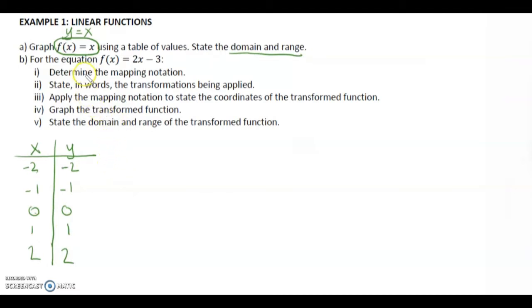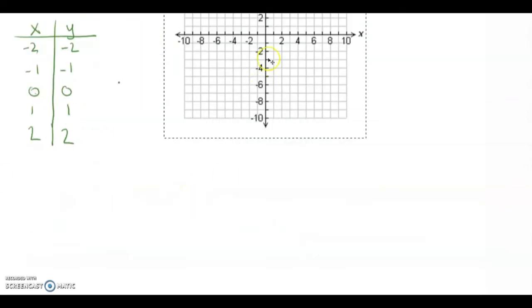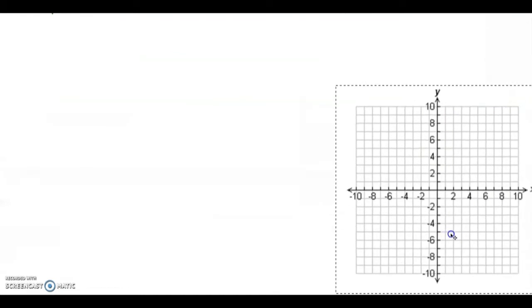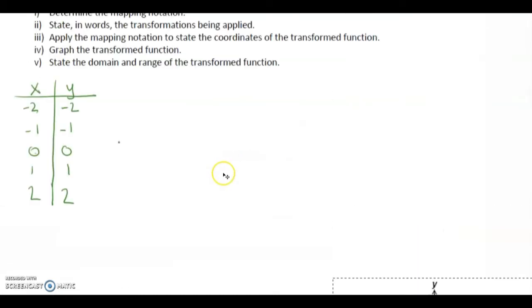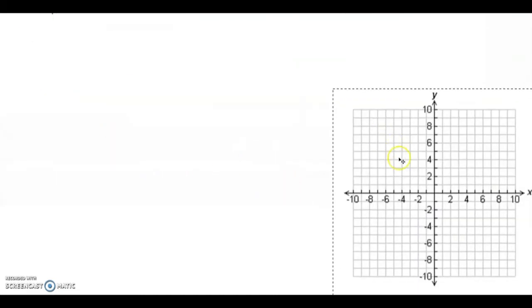Okay, and now domain and range. We're going to grab this, we'll put it right at the bottom so we have enough room. -2, -2. So the graph of y equals x is the base graph for a line without any transformations on it.